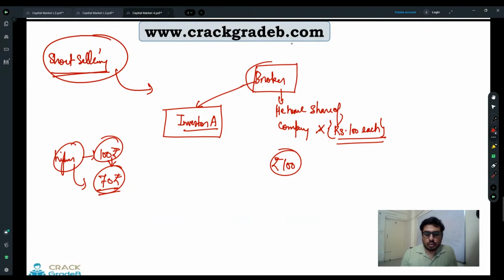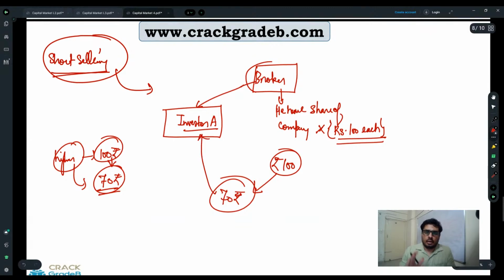So he is going to borrow these shares and sell in the market at the price of 100 rupees, right? And after a few days, when the price falls to 70, he is going to purchase this share back. What is the intention?